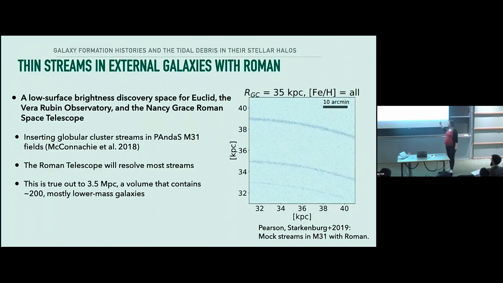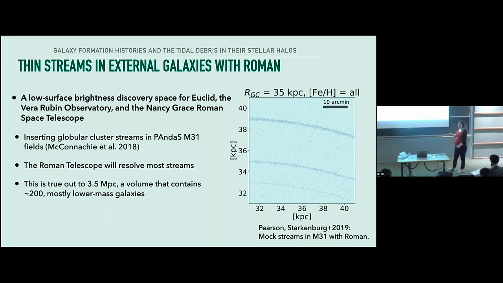In this case, these are not dwarf galaxy streams, these are globular cluster streams that are very thin, but you expect them to be numerous in halos like Andromeda. And so we could probably see these out to at least 3.5 megaparsec, which contains about 200 galaxies.